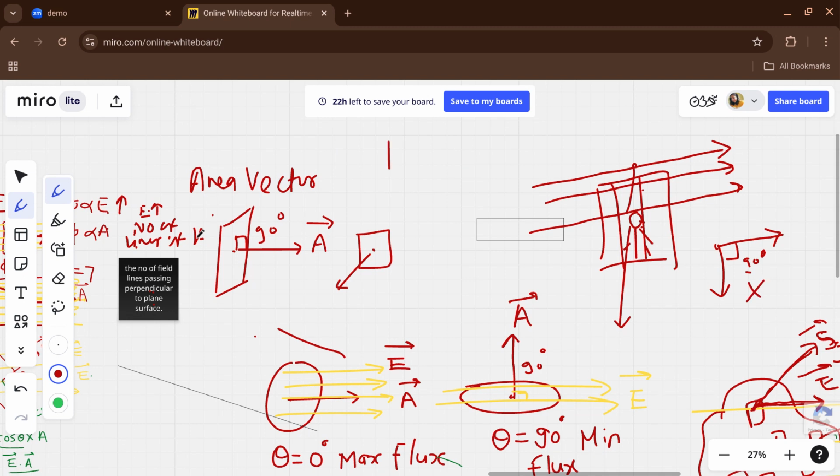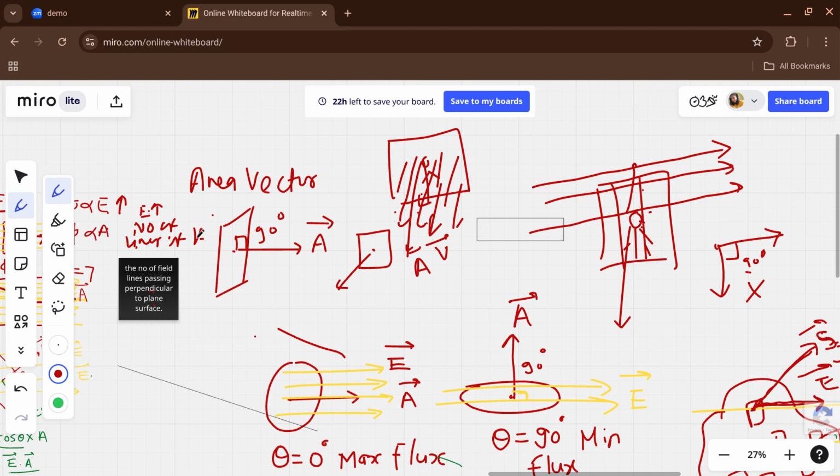But instead, if the wind is flowing inside the room, in this direction, and the person is standing here, and this is the direction of the area vector, into the plane of paper, so in the direction of the area vector the velocity vector works. So the person can feel maximum wind.